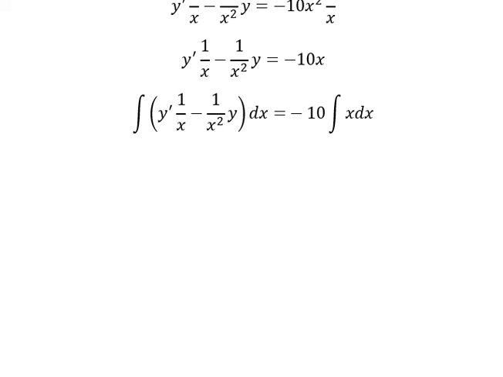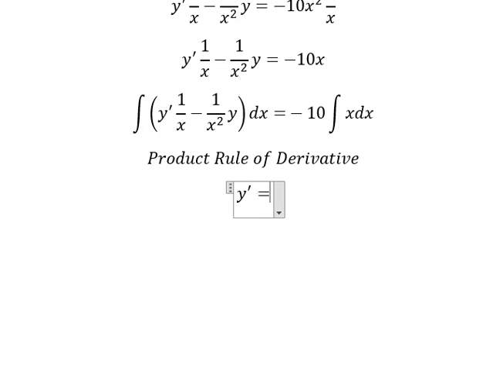Now, we can apply the product rule of derivative. So, we have the first derivative of y equals the first derivative of u multiplied by v plus the first derivative of v multiplied by u.